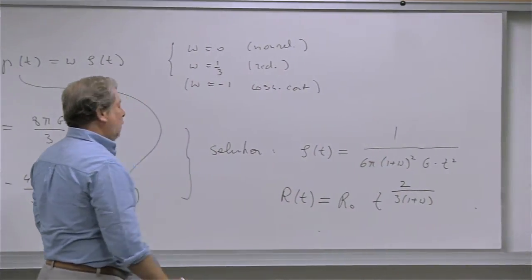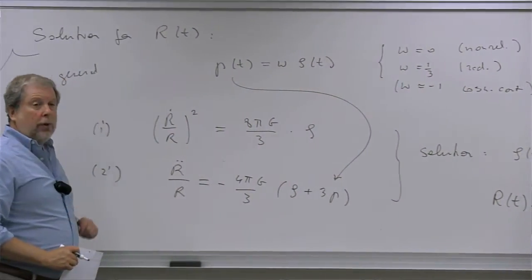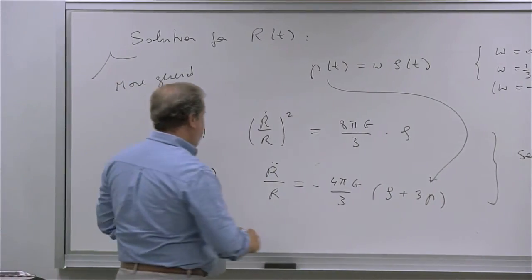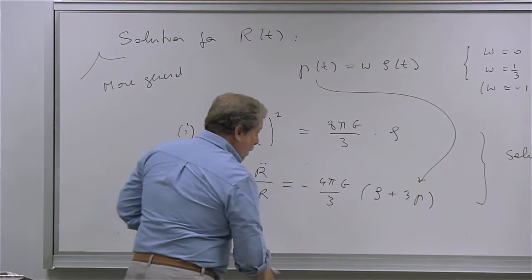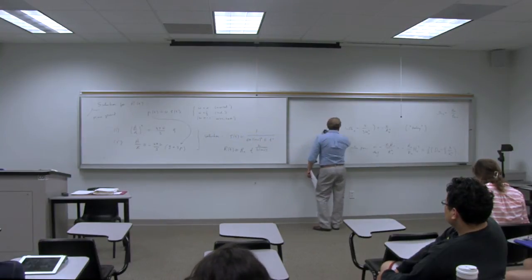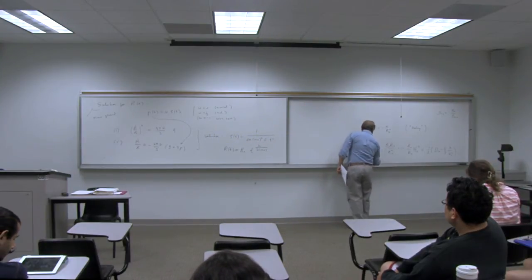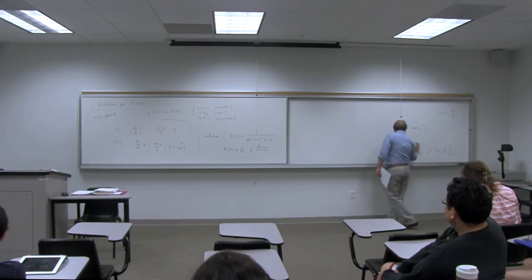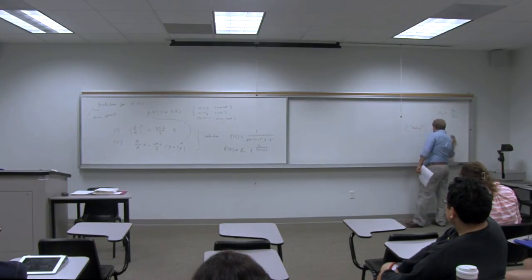Right? So you can in fact solve those two equations completely. They're simple enough. And so that means that the scale factor, for example, how that grows in time, depends on what type of matter you have, right?